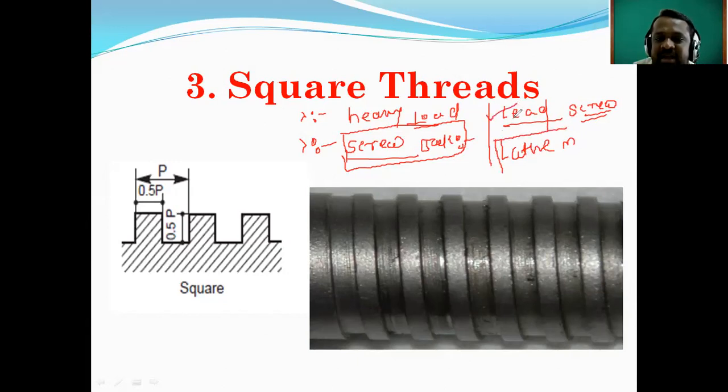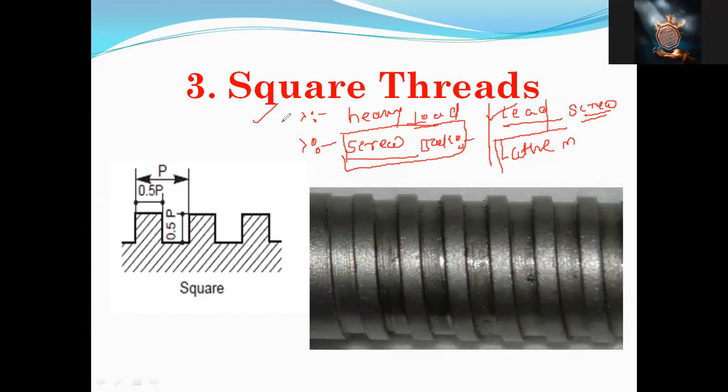The function of the lead screw comes into the picture during the threading operation. On that lead screw, whatever threads are there, these are square threads. Wherever we have to transfer heavy load, during that we are using the square thread.